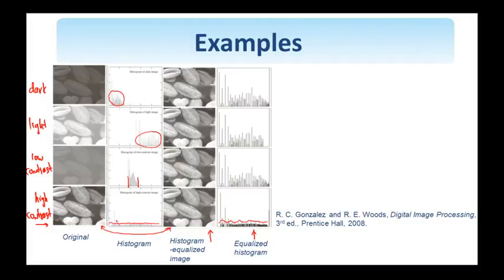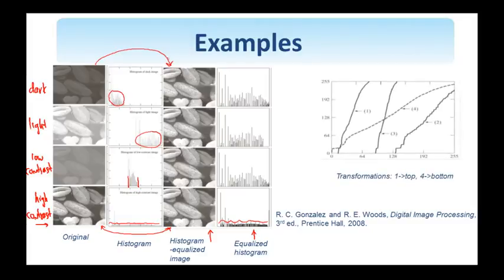So if we look now at the cumulative distribution function, or the transformation that was applied in going from these images to these images, then here are the transformations. They're numbered: 1 corresponds to this image, then 2, 3, and 4.